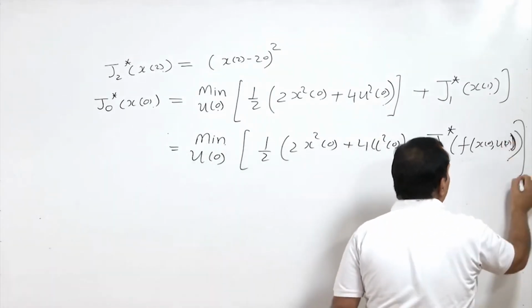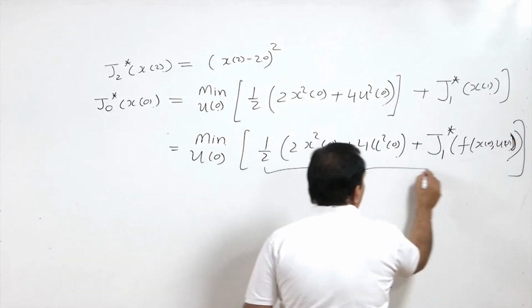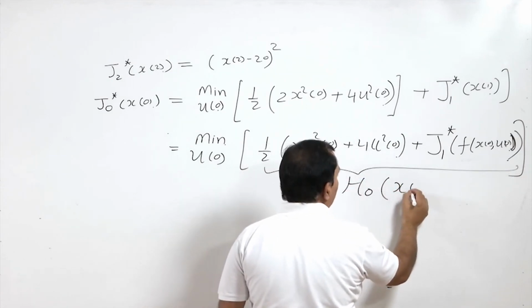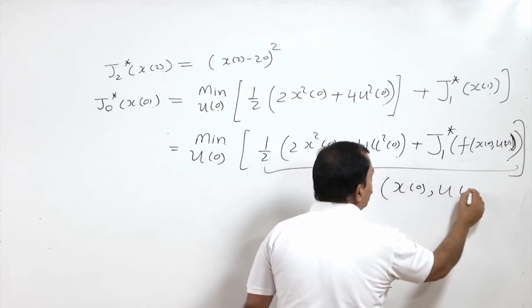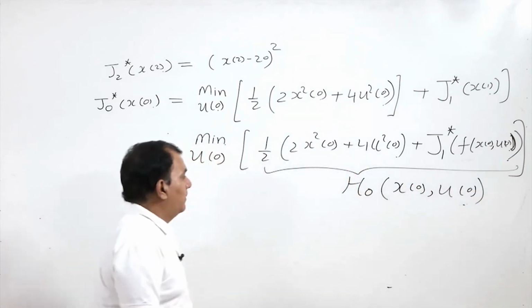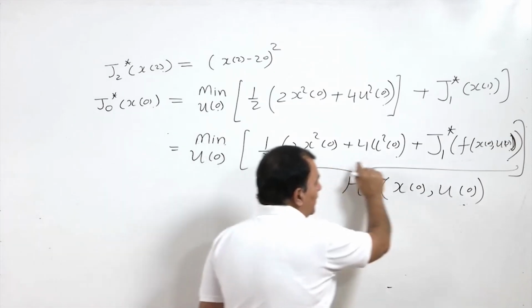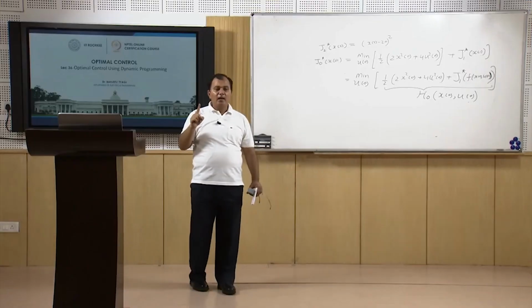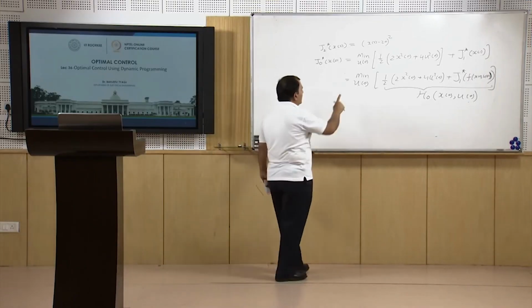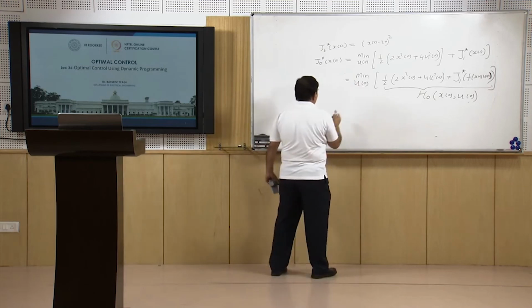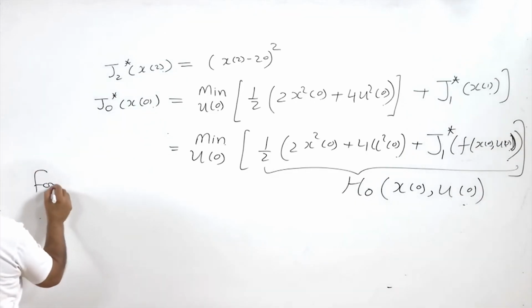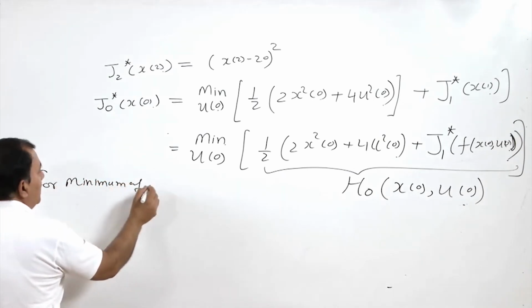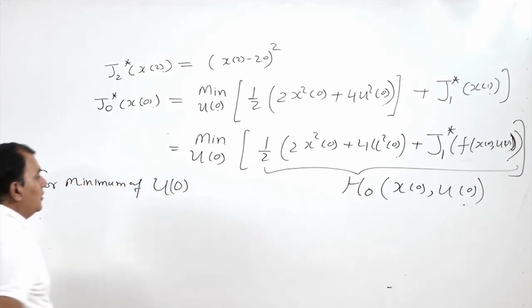So, this whole expression, which will be my h0, is now a function of x0 and u0, and we have to solve this for the minimum over u0.